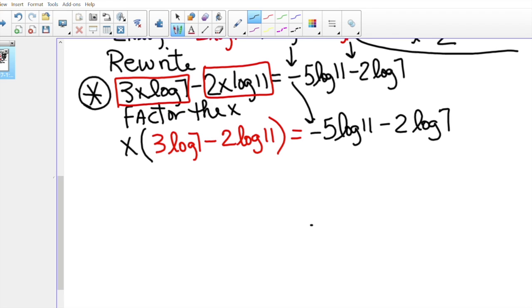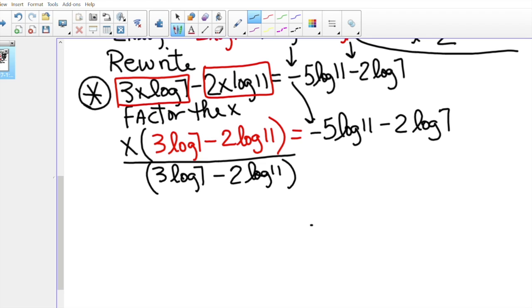Now, solve for x. Divide both sides, not by just one location, but this entire parentheses. And what that will do is cancel that out.